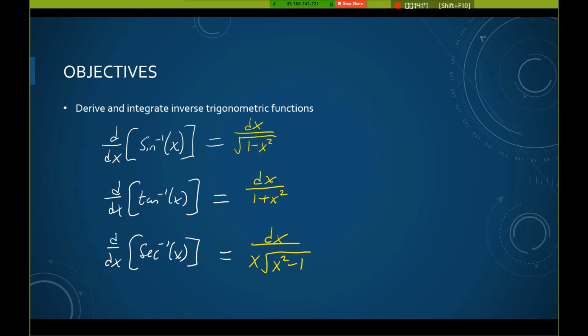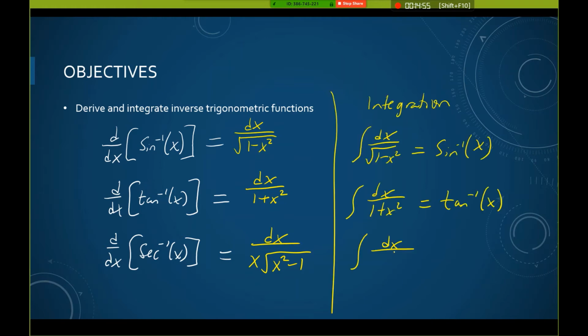The integral of dx over 1 plus x squared should equal arctangent of x. And the integral of dx over x root x squared minus 1 should equal arcsecant of x.